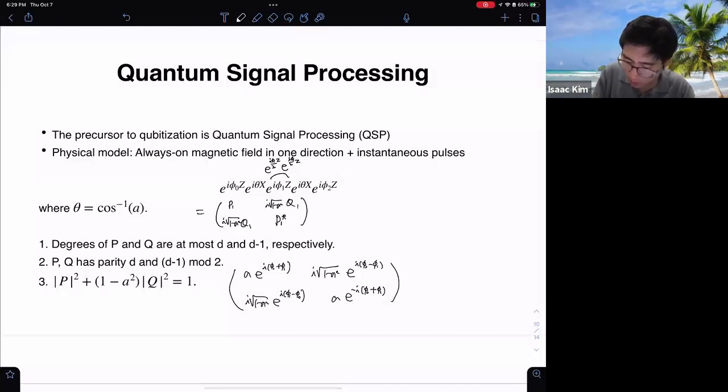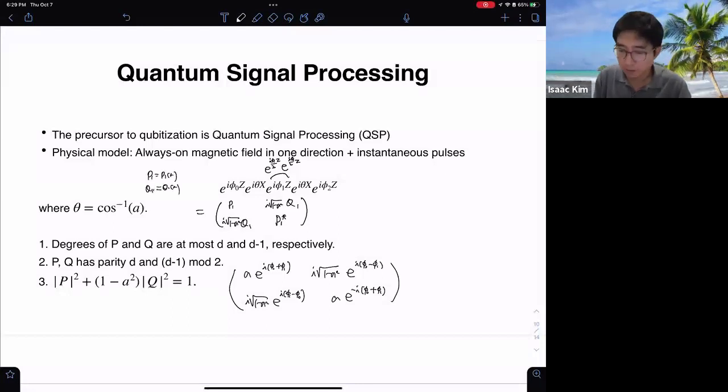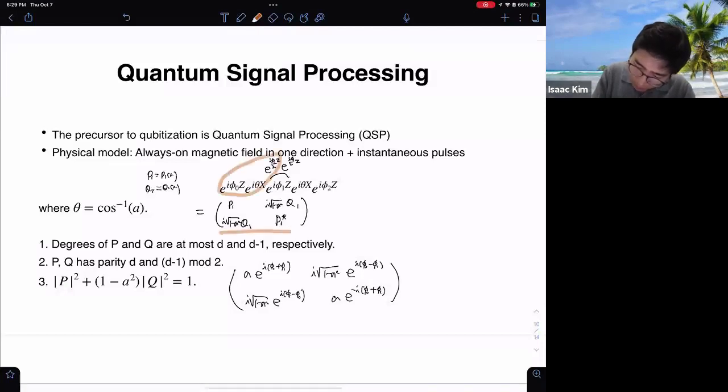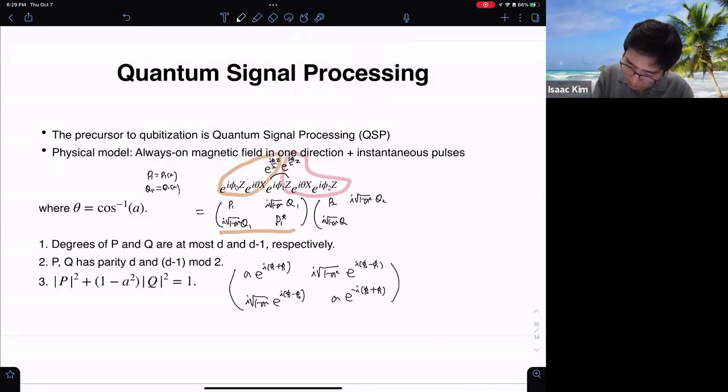Here I dropped the dependence on A, so P1 is really P1 of A, and Q1 is Q1 of A. This is just for convenience. The first part will correspond to that, and the remainder will correspond to another 2 by 2 matrix. I think I forgot the complex conjugation.